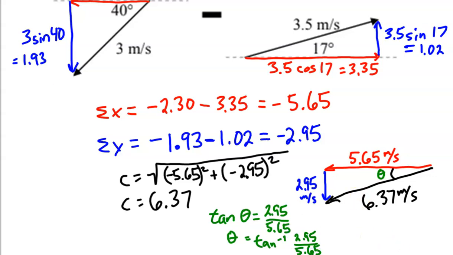And I'll plug that into decimal. And pending I did the math correctly here, that angle is now going to be 27.6 degrees.